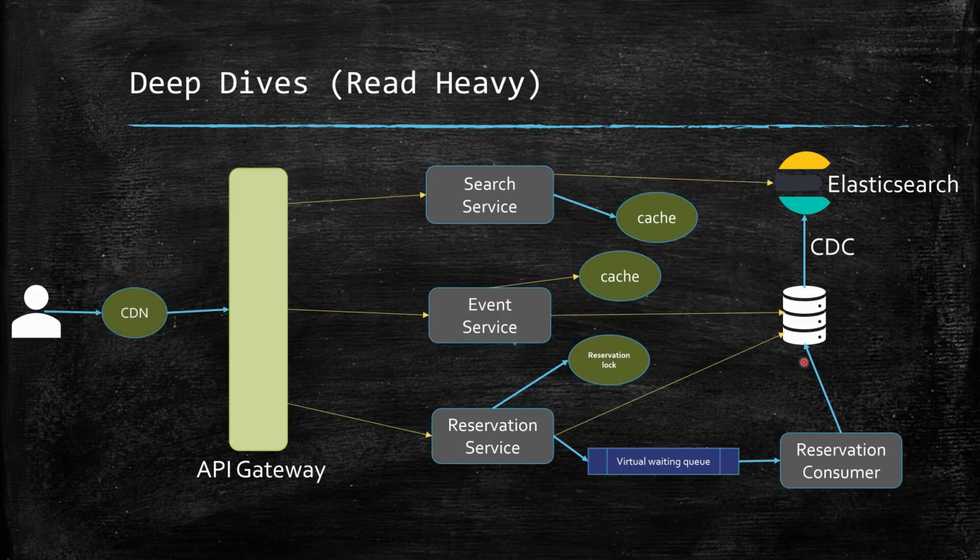You can cache your entire homepage, or let's say there's a most popular events section which you show right there in your homepage. You can cache the events there as well, so your user won't be hitting even the API gateway or the event service. It will directly see the popular events from the CDN and return them to the user.